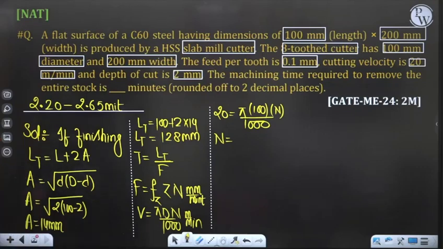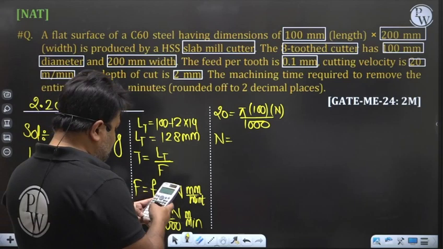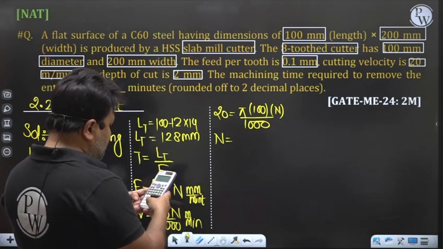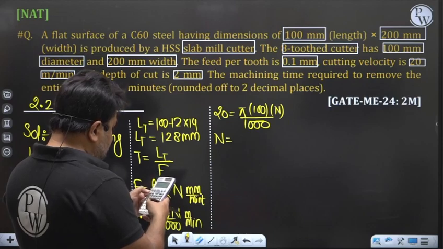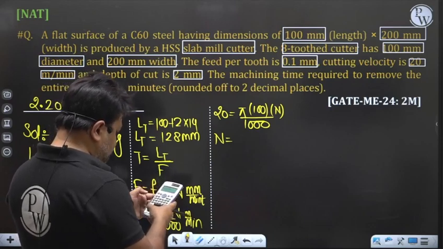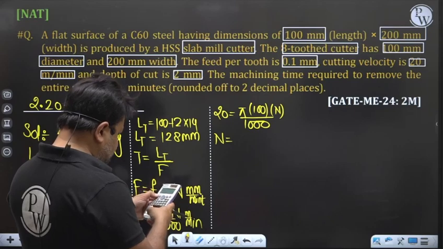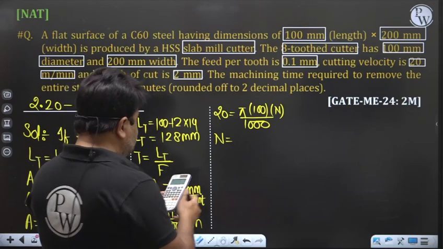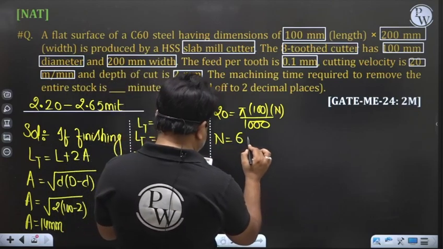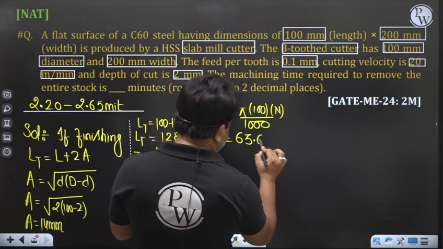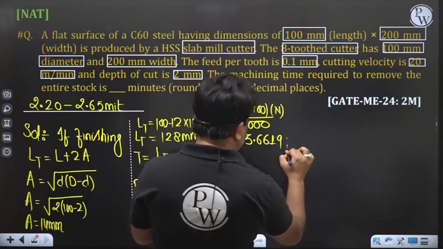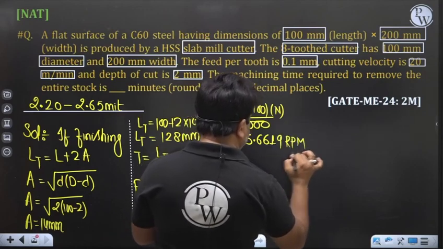Let's see the RPM: 1000 into 20, divided by pi into 100. So RPM is coming 63.6619 revolutions per minute.